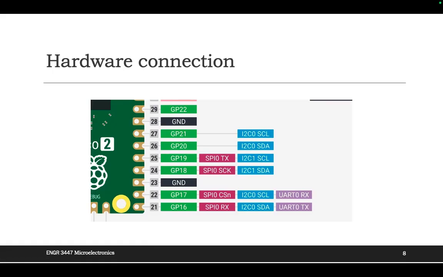Also some PWM. But when you observe the pins, you can see they are labeled as SPI, the purple ones, and the blue ones I2C. This one is dark purple, this is light purple.